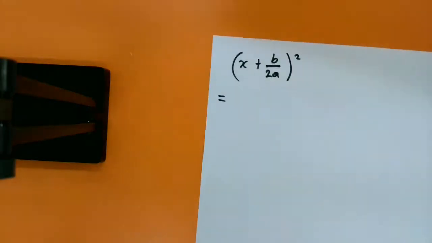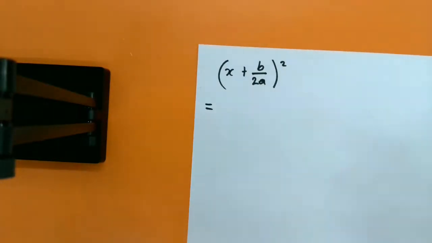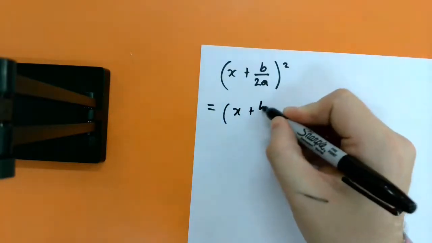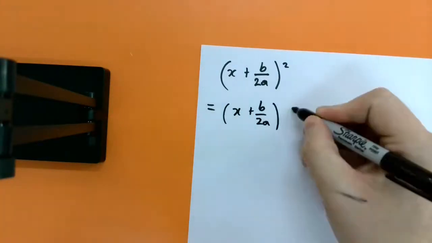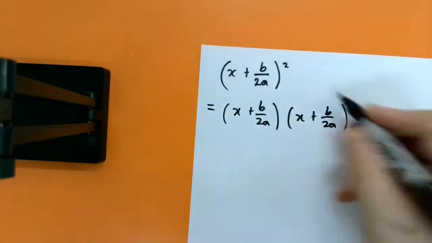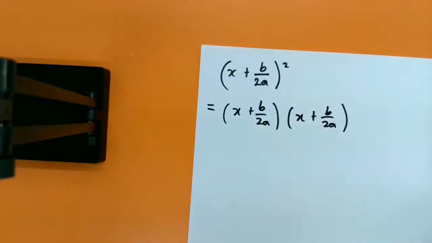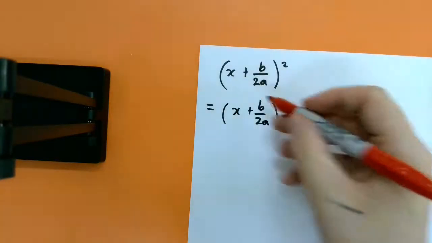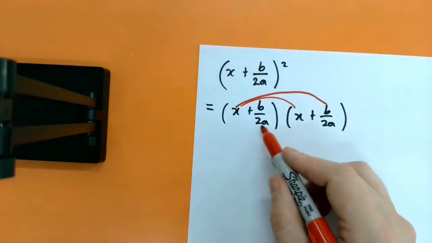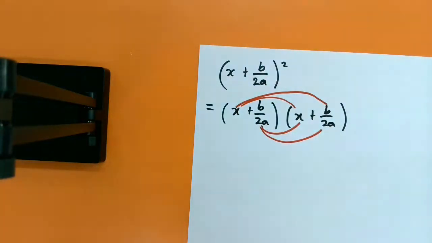Okay, so what I'm going to do is show you what happens when we expand out this perfect square here. We can rewrite this as x plus b on 2a multiplied by x plus b on 2a, just because that's squared. Now I think I've shown you before in class, we apply something I like to call the moon method because it looks a little bit like a crescent moon when we're multiplying.